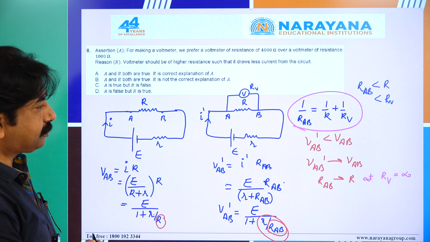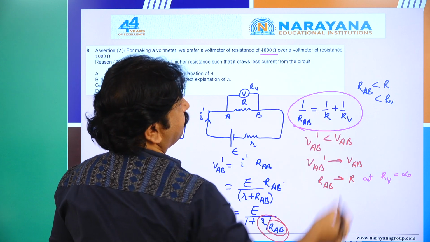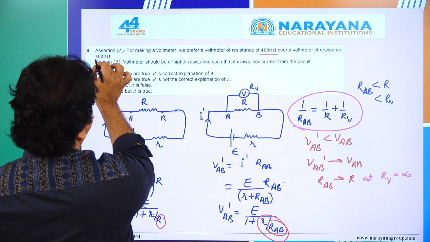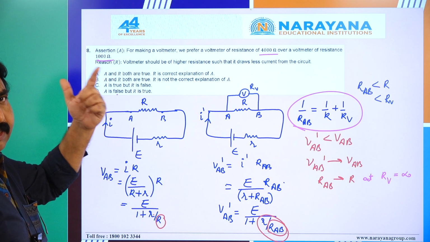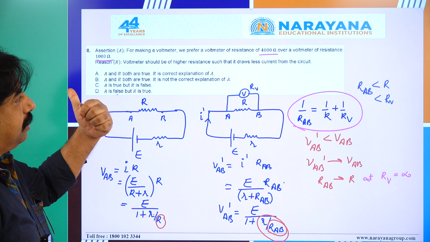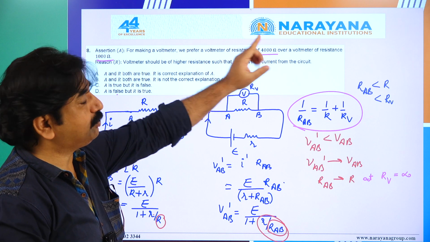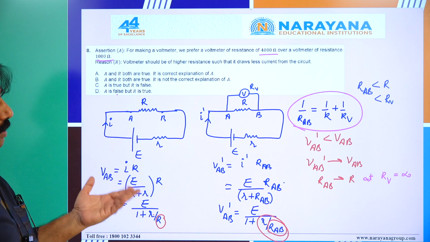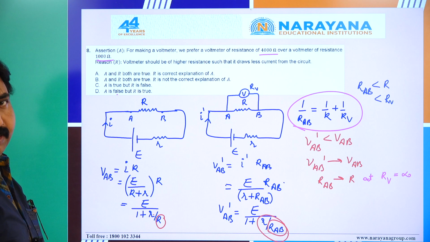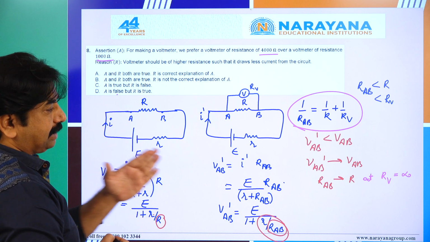Now here they are saying the first one is 4000 ohm and the second one is 1000 ohm. As 4000 is higher than 1000, the higher resistance voltmeter is preferable to calculate the potential difference between any two points. The second one is the reason.